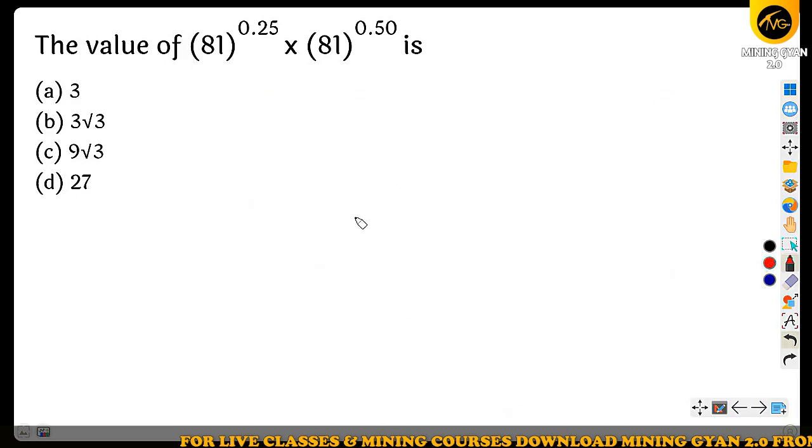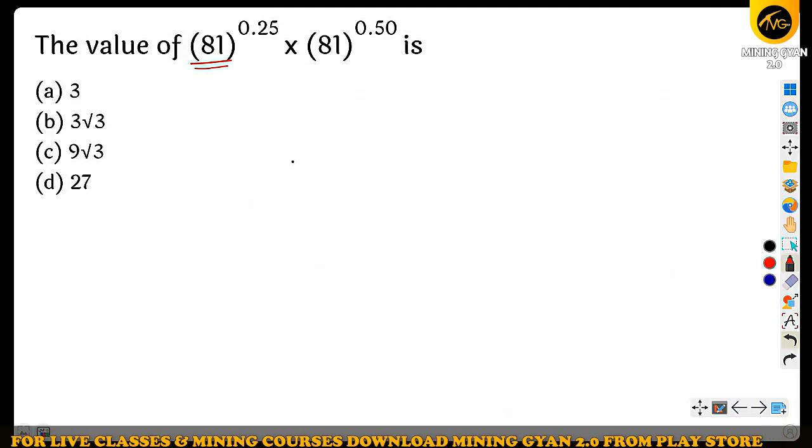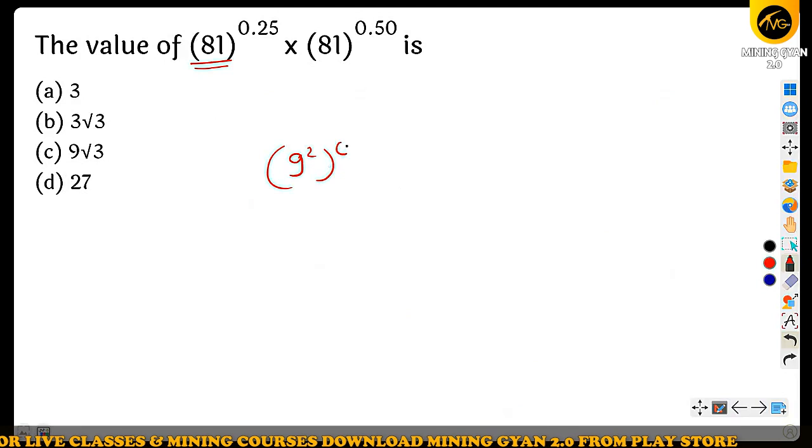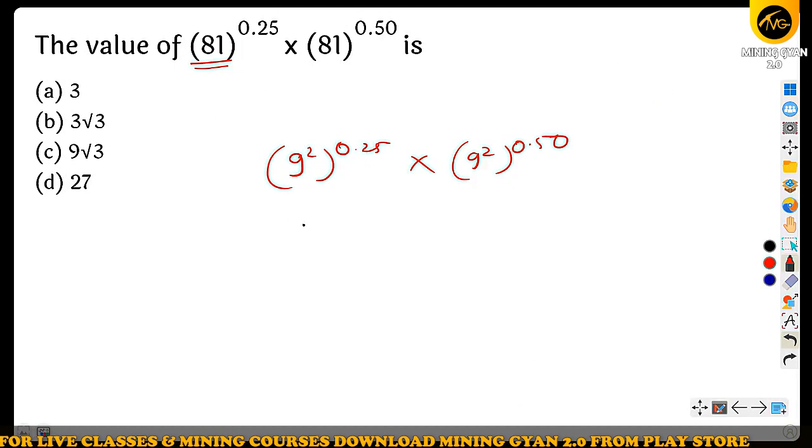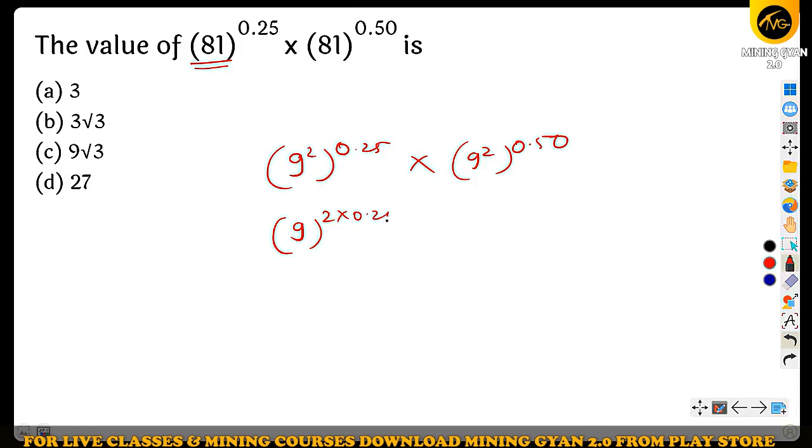Okay, in this case, we already know that 81 is the square of 9. That means we can write 9 square whole power 0.25. Similarly, 9 square whole power 0.50, right? Now we can multiply the 2 and 0.25.